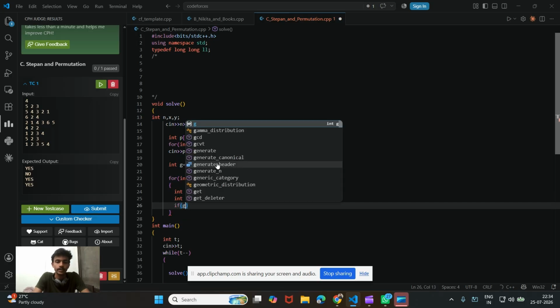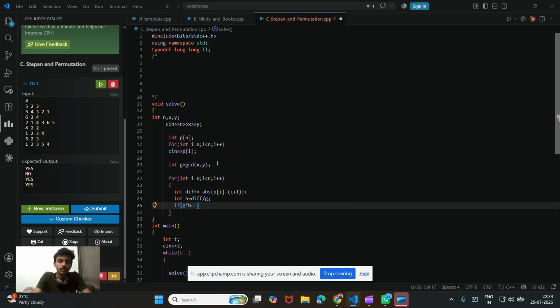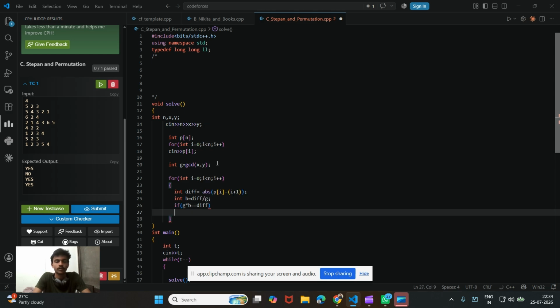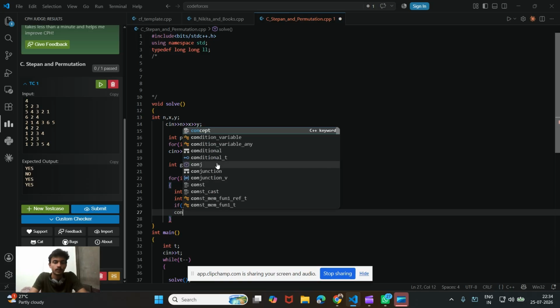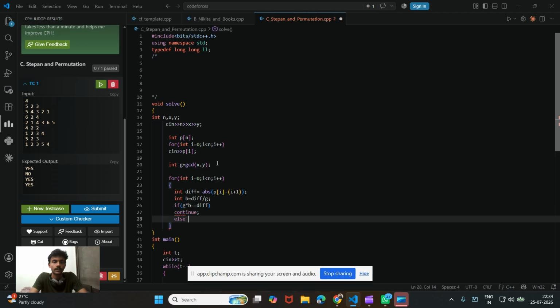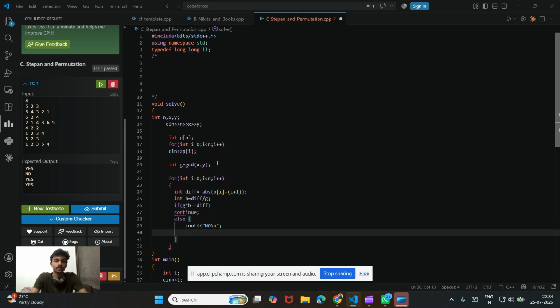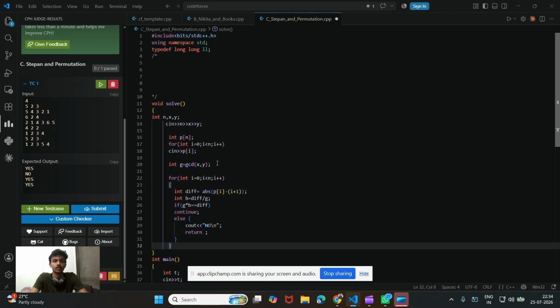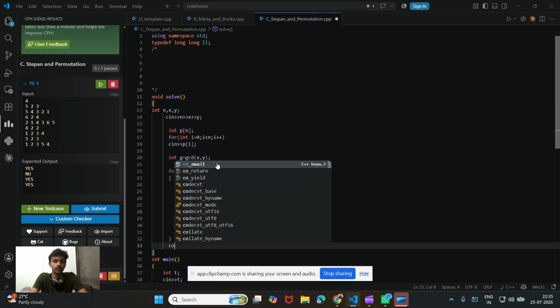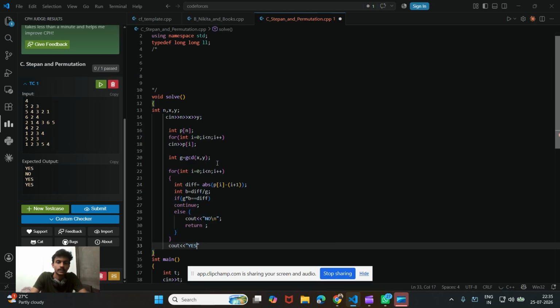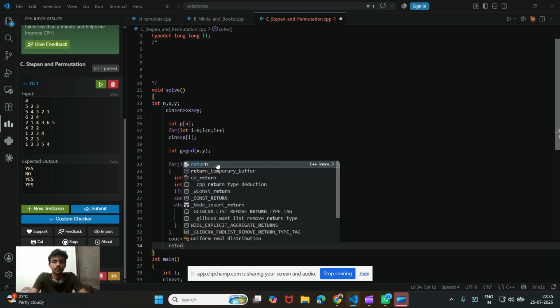Then if g times b is equal to diff, that is, if it's an exact integer, because int gives a rounded-off value which is less than the actual value, so if that's equal, continue, else cout no and then return. Otherwise, cout yes and then return.